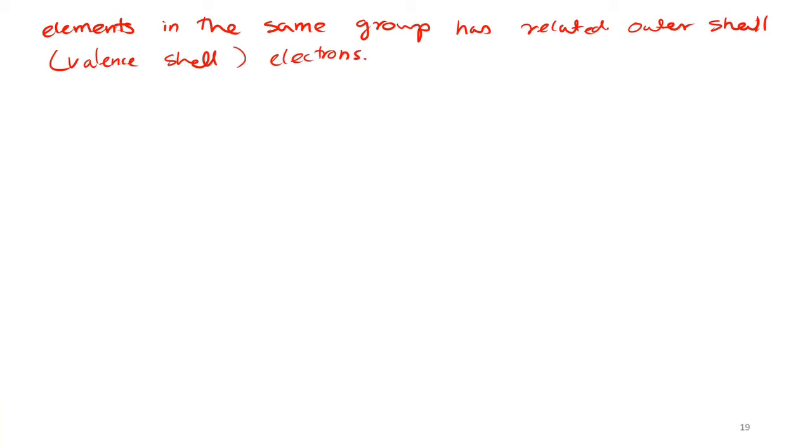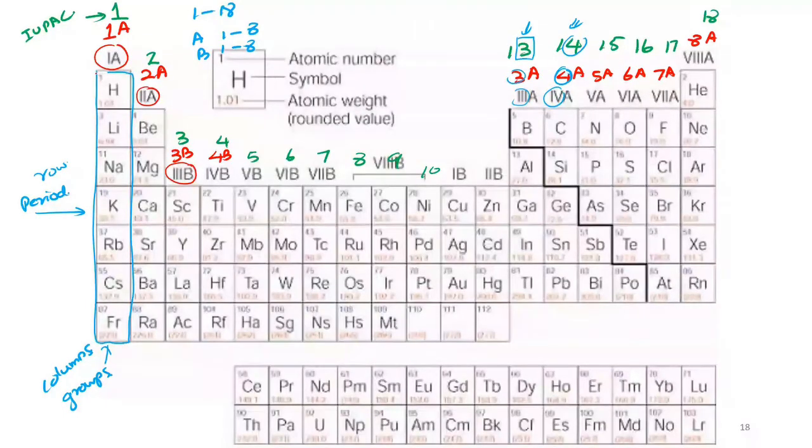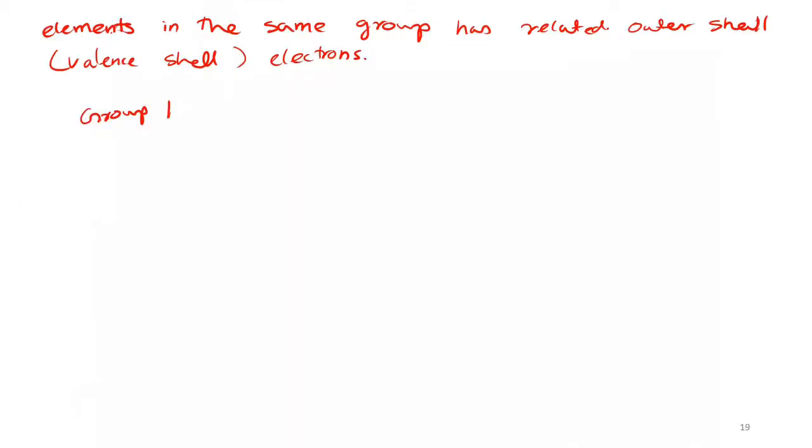What I mean by that is, if we take group 1, I'm talking about this first group with the group number 1, and write the electron configurations, we will find that hydrogen has 1s1.